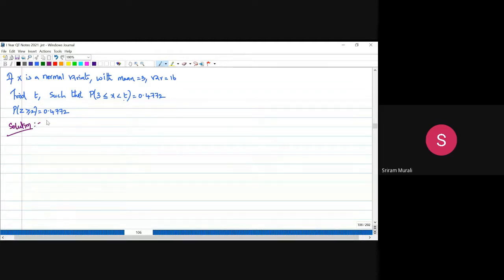Mean is given, variance is given, and you know z is equal to x minus m by sigma. We know x: one value is 3, the other value is t. The probability of z less than or equal to 2 is given as 0.9772.